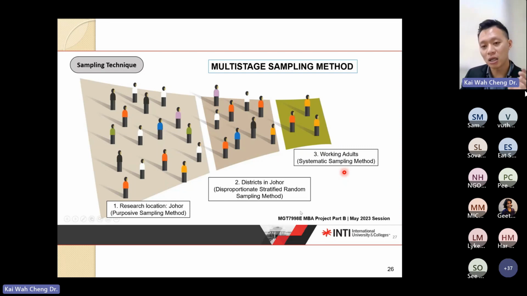This situation, we call systematic sampling method. So if your sampling technique involves 3 or more stages, we call it multi-stage sampling method. This is the example for sampling technique. I think this is a very important subtopic in your dissertation or in your paper writing.